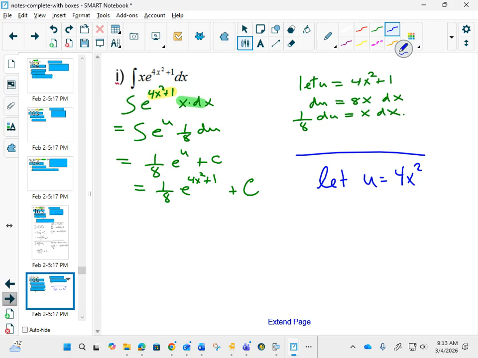Making your u part of it sometimes works, sometimes causes headaches. In this case, making it all of it, the derivative of that 1 just goes away. Life is straightforward and easy. But it could have worked in this case if you just let u equal the 4x squared. But the recommendation is whatever you use the substitution for, you make it for the whole of the inside function. Usually works the best.